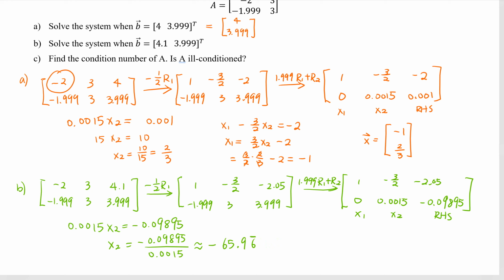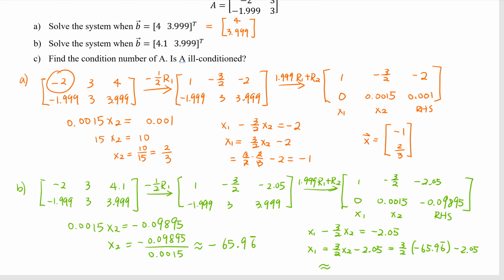So far, so good. To find x1: x1 minus 3 over 2 x2 equals -2.05, so x1 is 3 over 2 times x2 minus 2.05. That's 3 over 2 times this negative 65.96, and then minus 2.05.